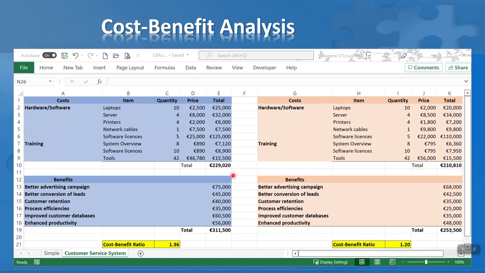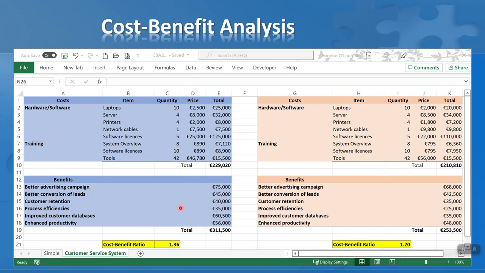So the supplier on the left hand side is more expensive, and so based on costs alone we would be tempted to choose the supplier on the right hand side. So it's the same items, same quantities, but different individual prices, therefore leading to a different overall cost. So there's not much difference, around about €18,000 to €19,000 difference in the price there.